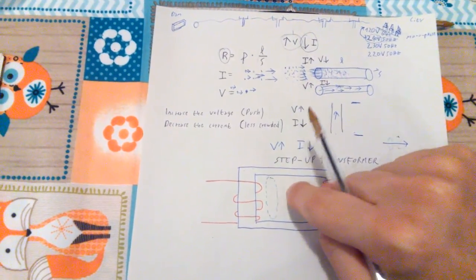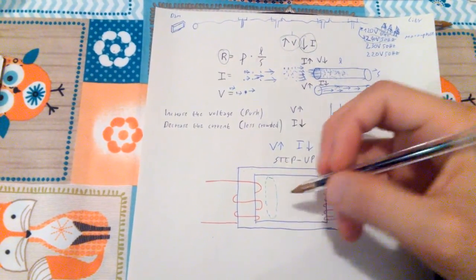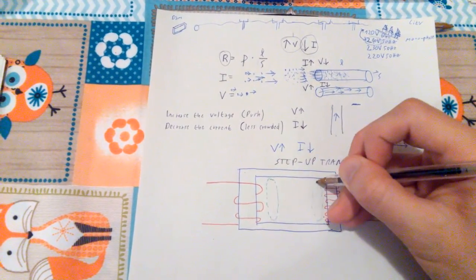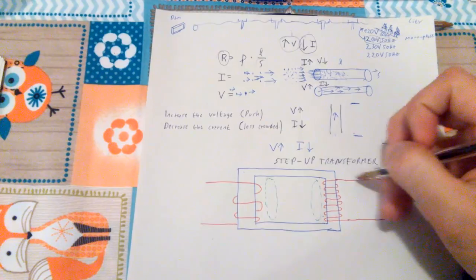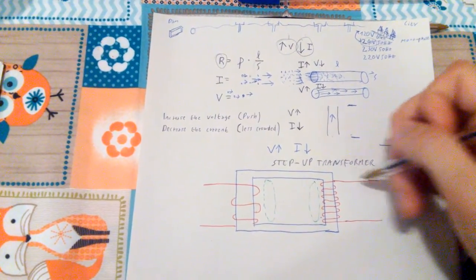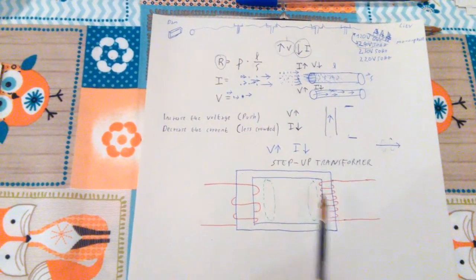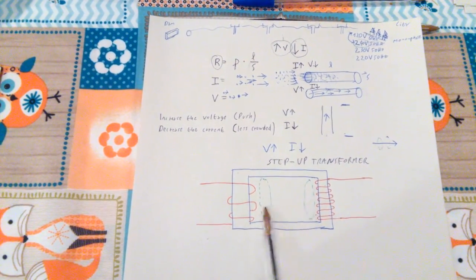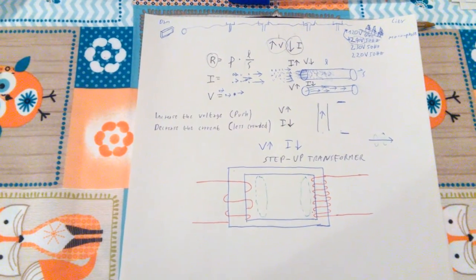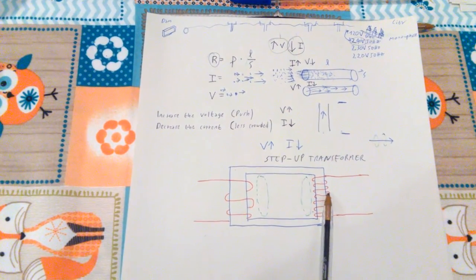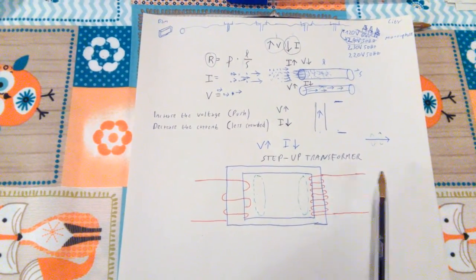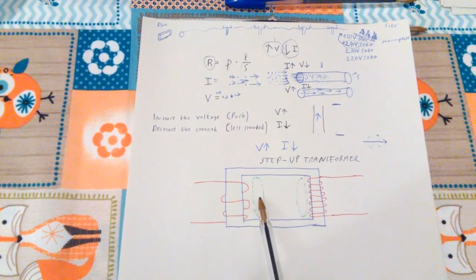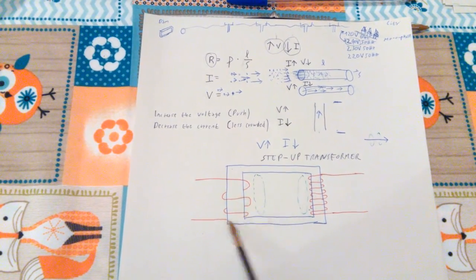Now, this magnetic field that is created is going to let the current flow on this side, even though those two wires are not directly connected. But this wire here, in which there are electrons, is going to feel the change in the magnetic field made by this other wire.